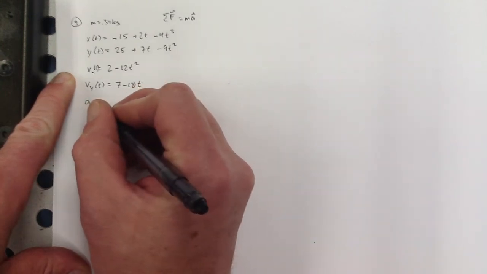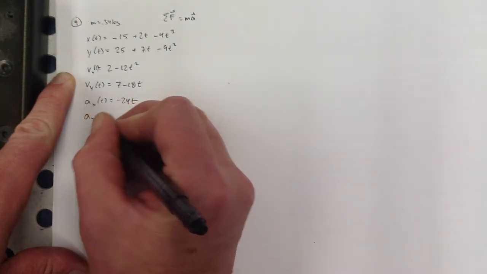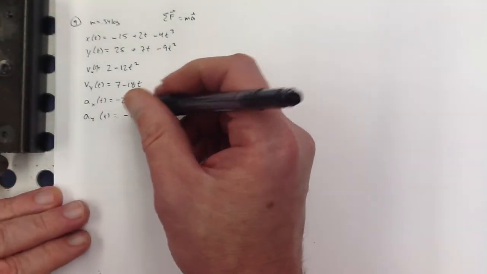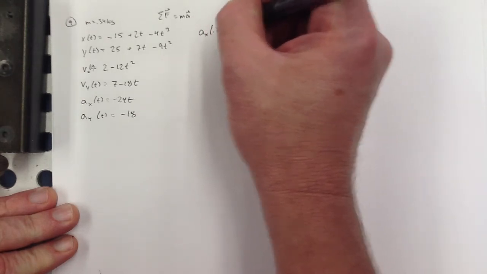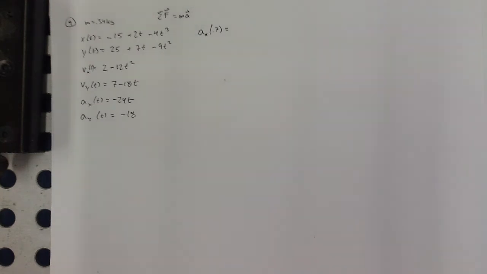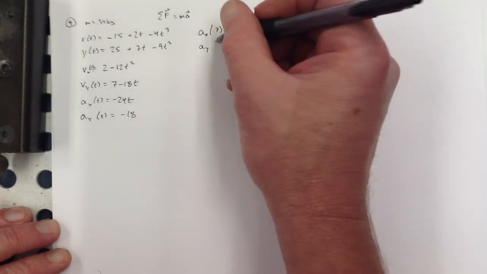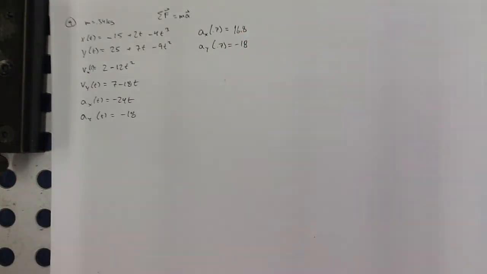And then the acceleration, so that. Okay, so at time 0.7, there's those, and we would like to know the magnitude and angle of the net force.